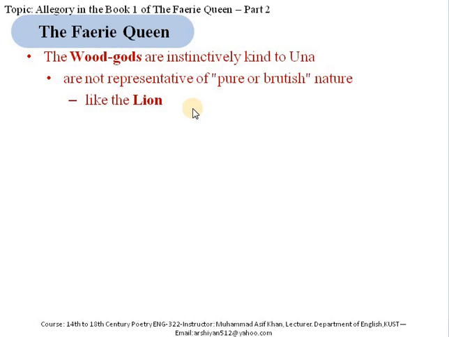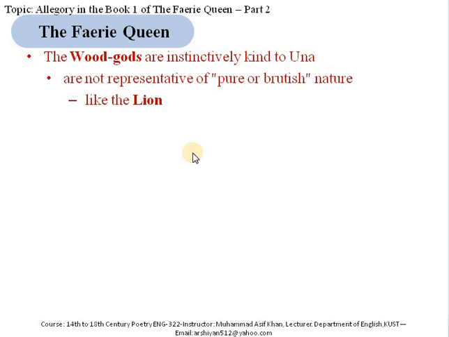They worship Una like an idol, and they represent the primitive beliefs of the ancients. They bow down to Una but do not realize the Christian truth that Una represents. And here we see that Spenser dismisses the gods of the Greeks and the Romans, because they are bowing in front of the Christian truth.